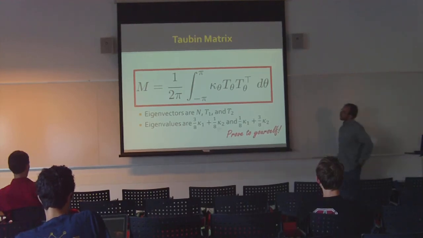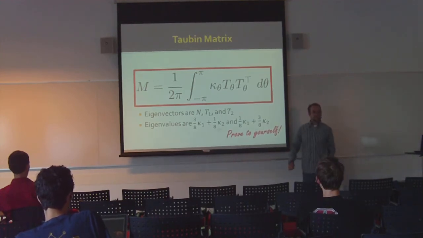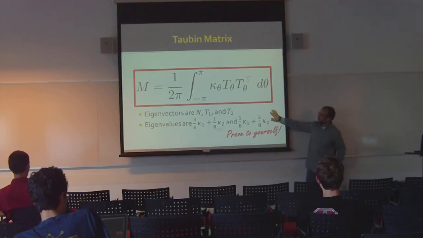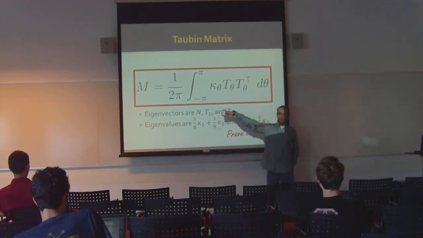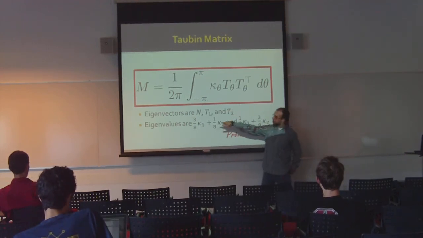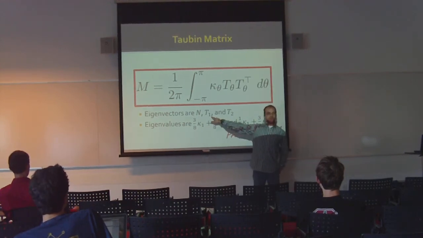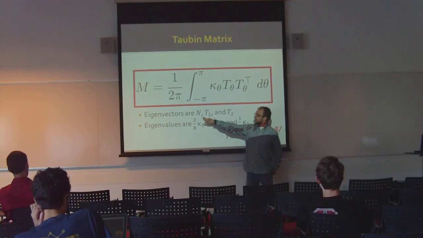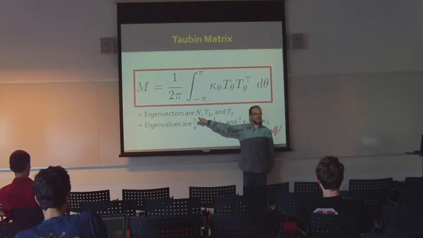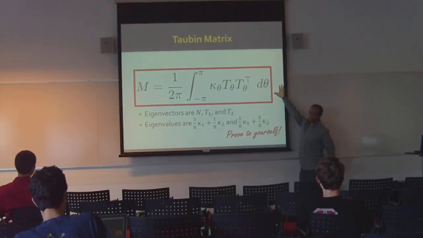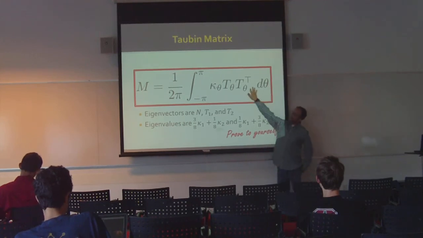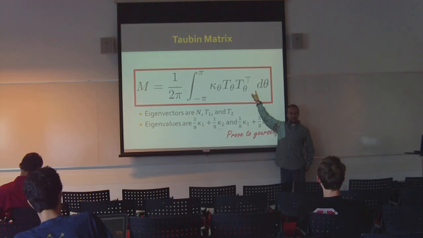One thing you should prove to yourselves at home, because we're grown-ups in this class, is that this matrix M has a couple of useful properties. First of all, its eigenvectors are the normal vector and the two principal curvature directions. This one's really easy to prove. What happens when I multiply this by n? I can move the n inside of this integral, and then you'll have T theta transpose times n.